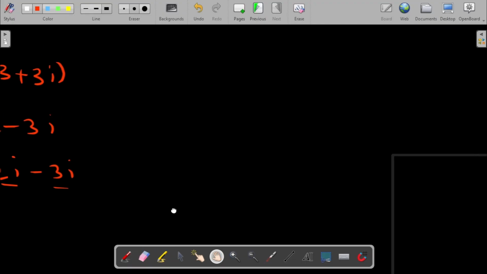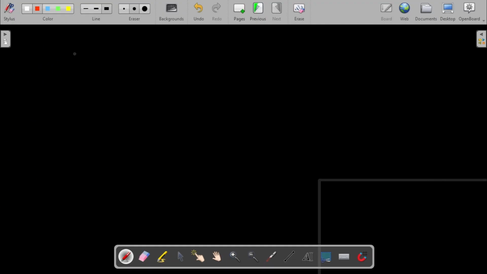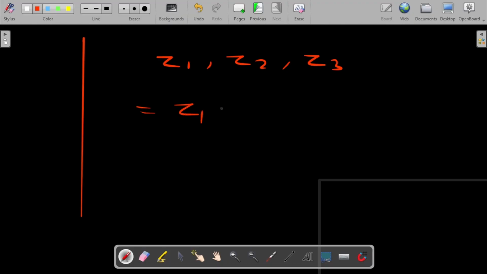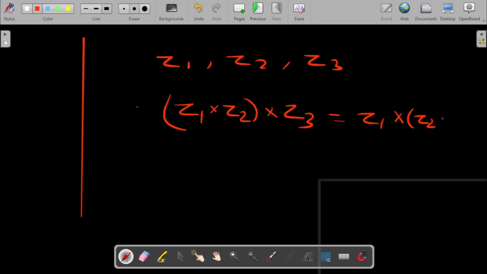That means if I take any three complex numbers Z1, Z2, Z3, then (Z1 multiplied with Z2) multiplied with Z3 equals Z1 multiplied with (Z2 multiplied with Z3).